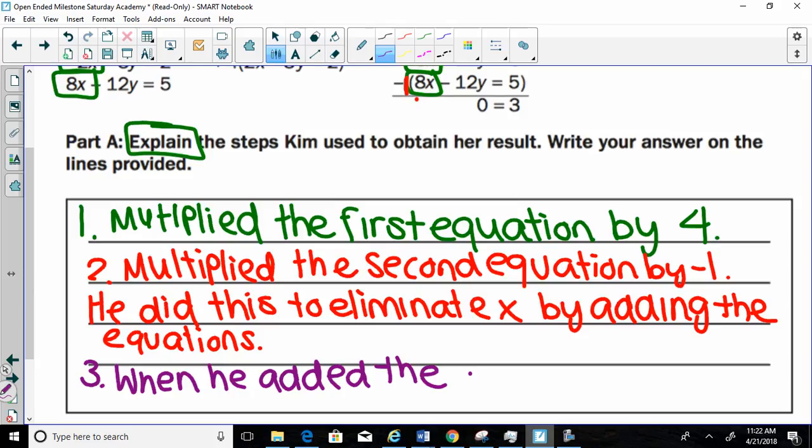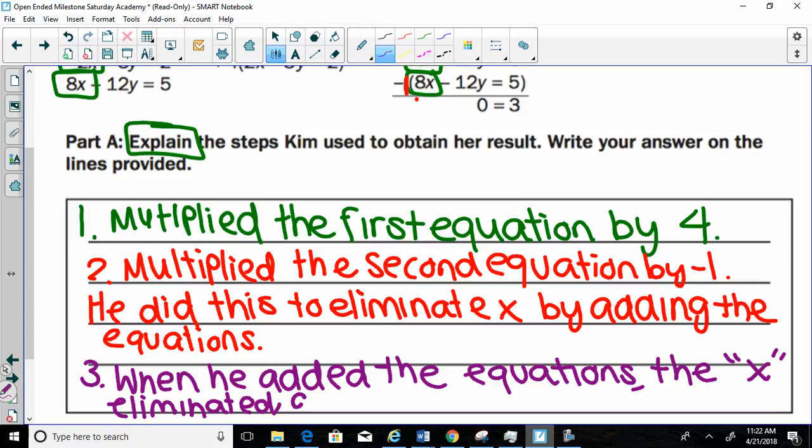The X eliminated. I like how I'm writing it, so I'm not going to show you. I'll show you the response, but I don't like how they ordered it. And when we added negative 12y plus 12y, what did it equal? 0. It equaled 0.